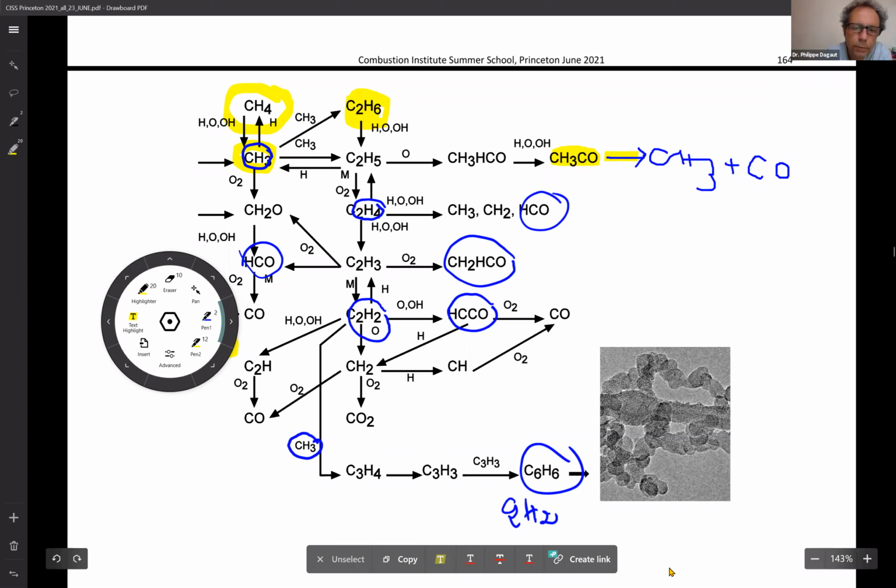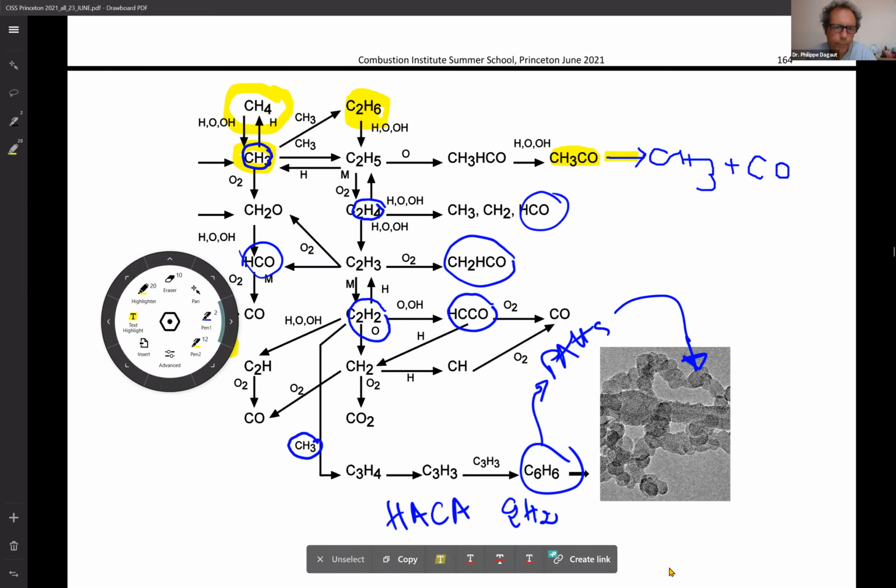And this mechanism is called HACA. And then you can produce PAH, and these PAH can finally produce soot.